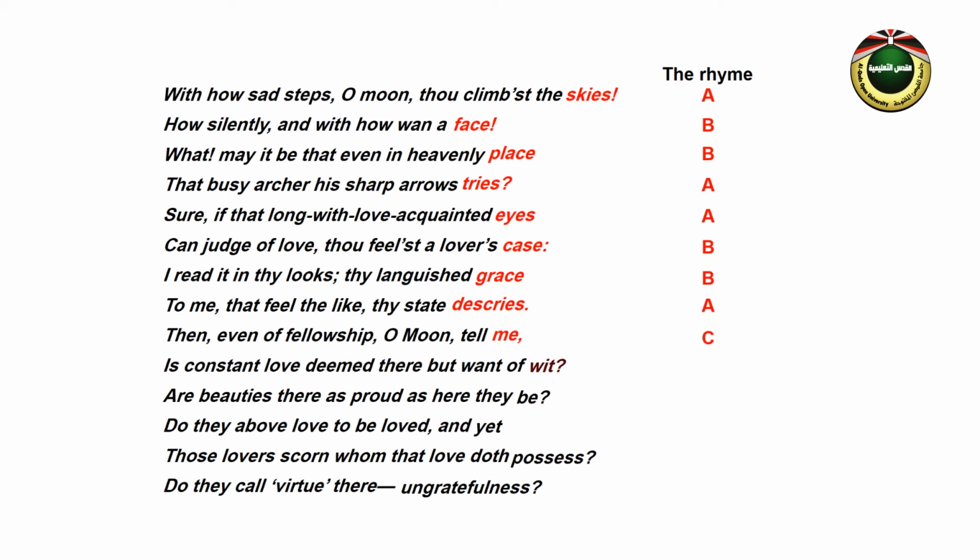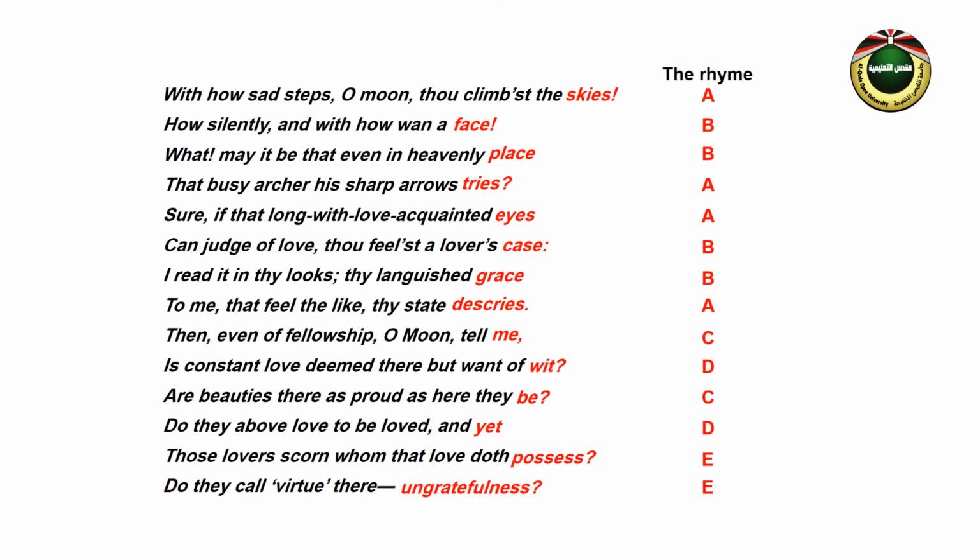It does not rhyme with the previous words, so it is given the letter C. The tenth line ends with "wit," which does not rhyme with the former words, so it is given the letter D. The 11th line ends with "be," which rhymes with "me," so it is given the C. The 12th line ends with "yet," which rhymes with "wit," so it is given the D. The last two lines end with "possess" and "ungratefulness."